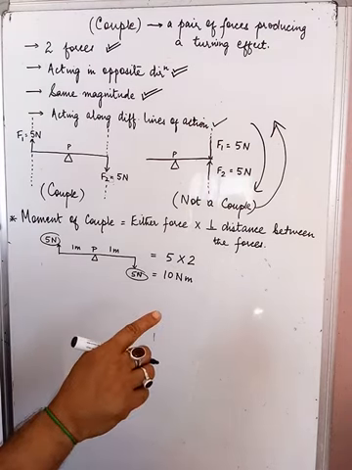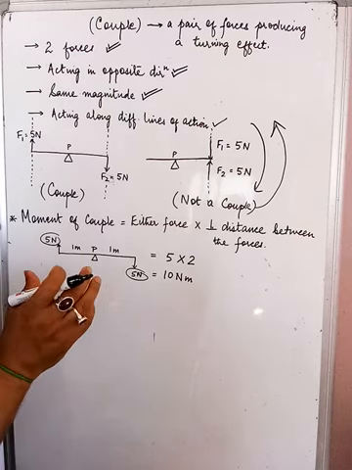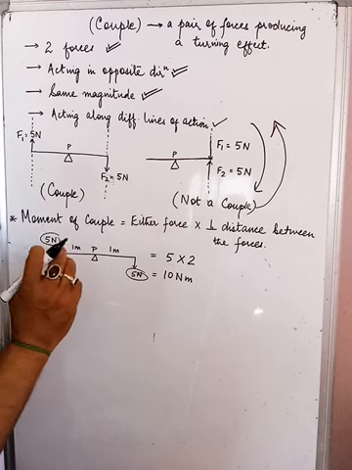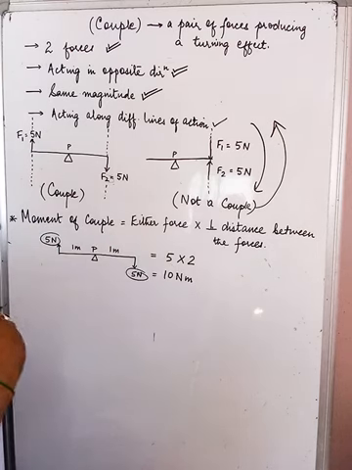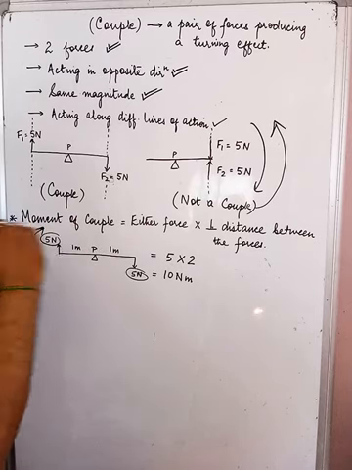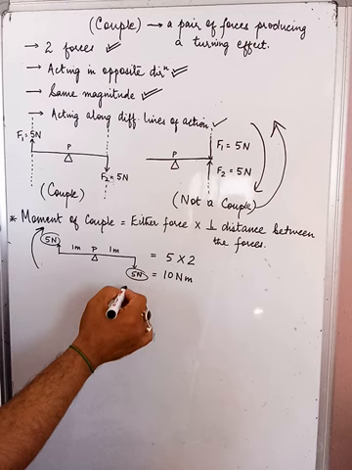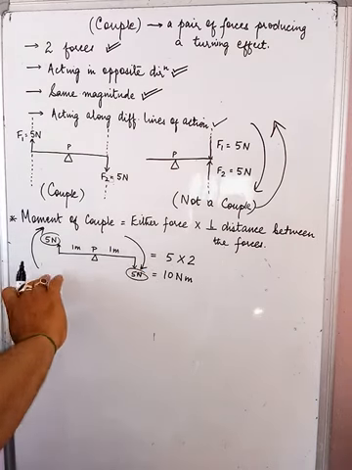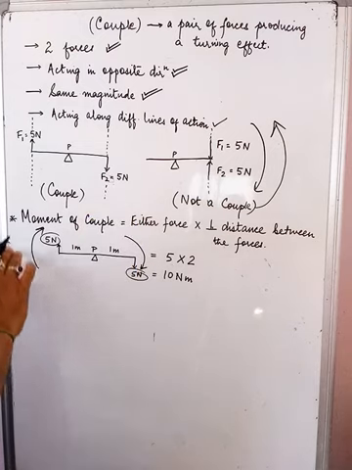Once again, the direction is extremely important. Now you just see what sort of moment these two individual forces are creating, in which direction the moment is being created. This force will create a turning effect like this, and this force will create a turning effect like this. In effect, they are actually helping each other.